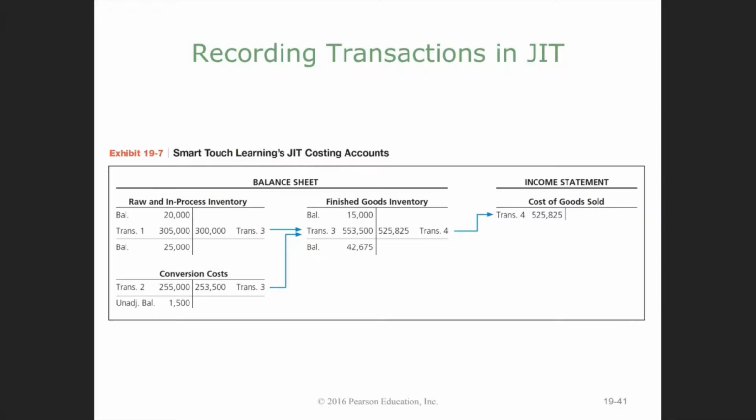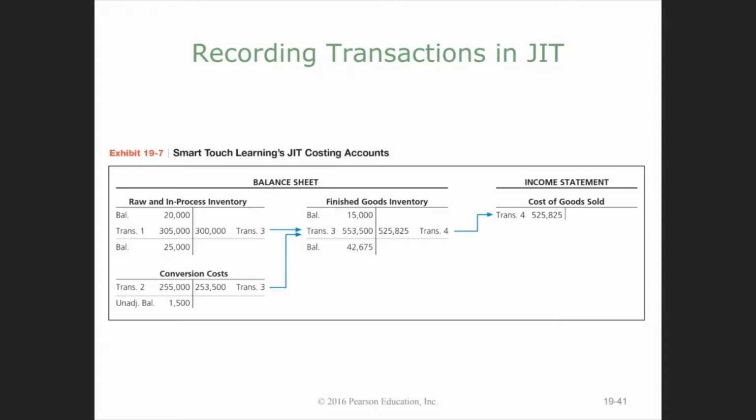So we credited the account for the 300,000. And then we total those out. We take the beginning balance plus this transaction minus that transaction, and that gives us our ending balance of $25,000. And that's how we did the T accounts for all of these accounts.